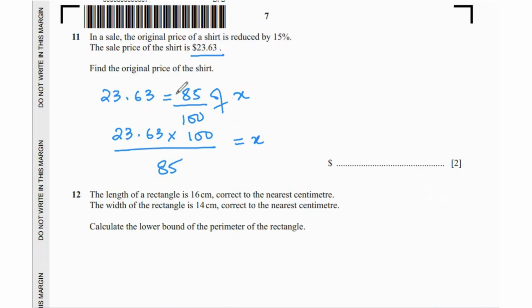Basically, I'm cross multiplying. Or you could even directly divide 23.63 by 0.85. That's also correct. So this is going to give us 27.8 as the original price. That's your answer.